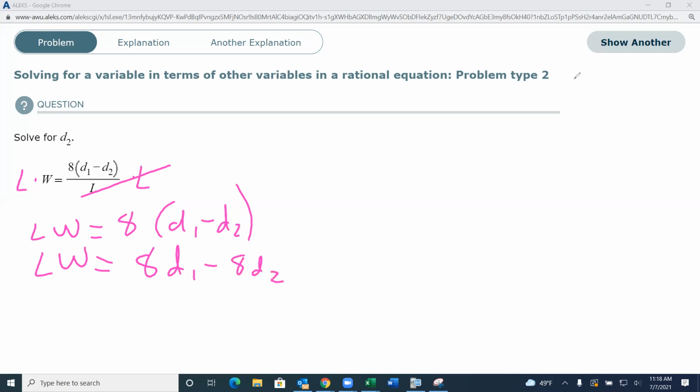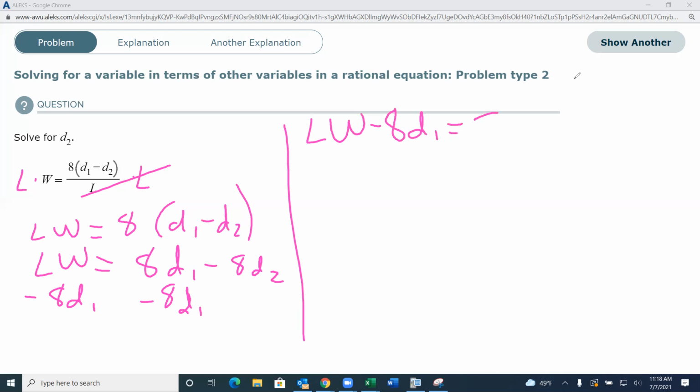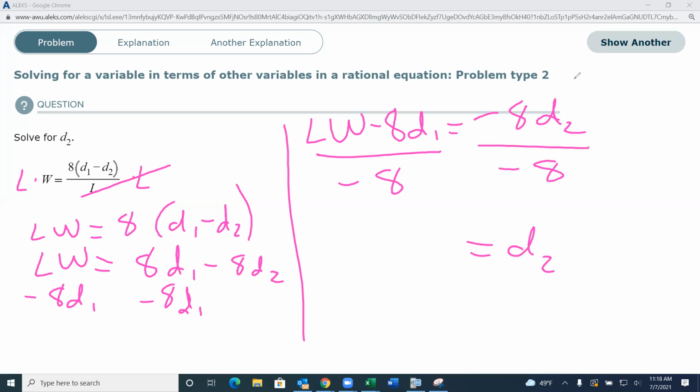Now I will subtract 8D1 from both sides, with incredibly impressive penmanship, and oops, equals negative 8D2. Okay, now I just need to divide both sides by negative 8, and D2 is this.